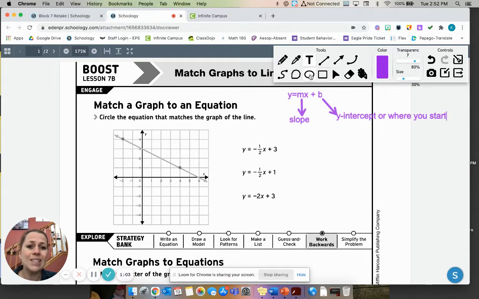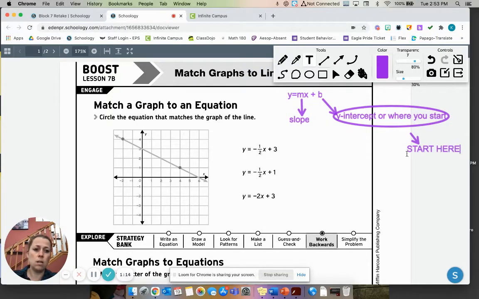The first thing that's easiest to start with actually is your y-intercept. So I'm going to put a little note here that says start with this. The reason is it's easy to identify. If I go to this graph over here and I see my y-axis, my y-intercept is where it's crossing the y-axis. It's right there.